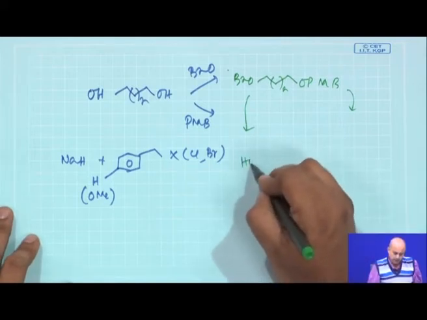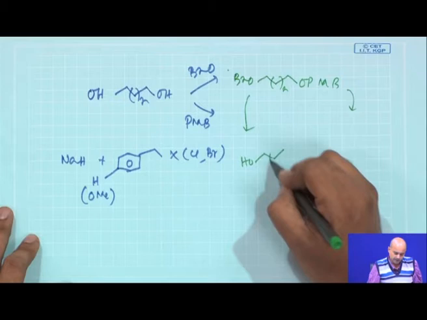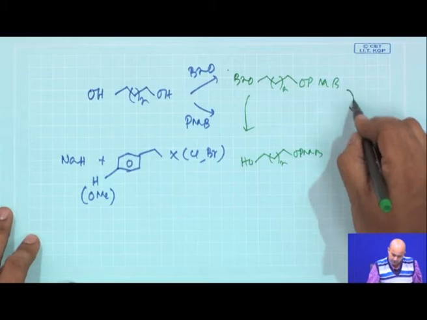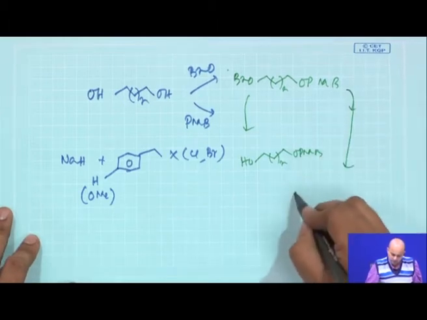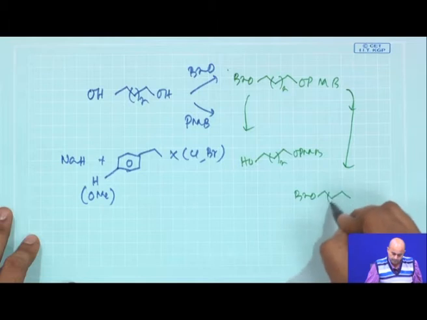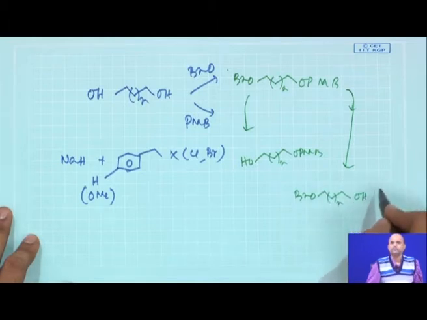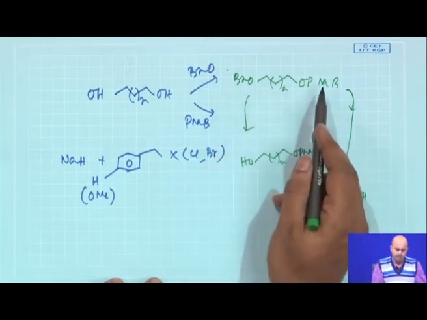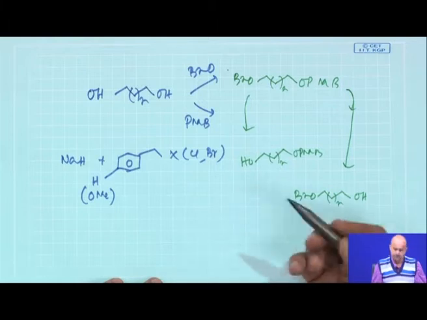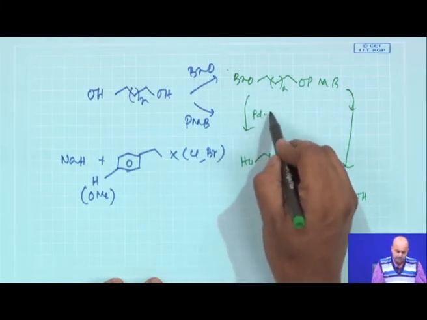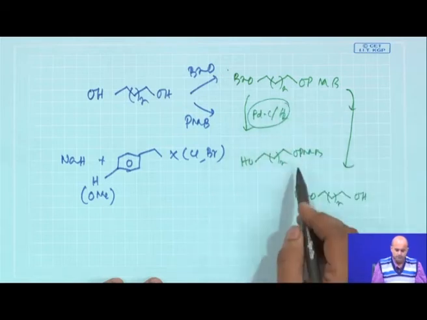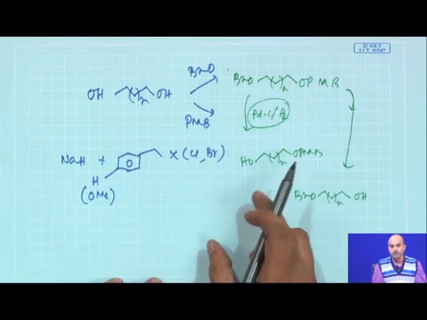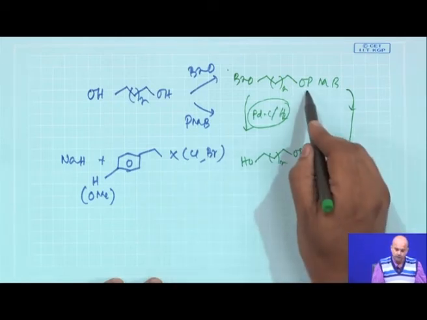I need one condition where the benzyl can be selectively removed to give you OPMB, and another condition where OPMB can be selectively removed in the presence of benzyl. The answer is yes, you can do it. Both benzyl and PMB can easily be cleaved if you treat the compound with palladium on charcoal and hydrogen. Normally this hydrogenation is faster with benzyl, but you probably cannot get 100% selectivity because PMB also undergoes cleavage.